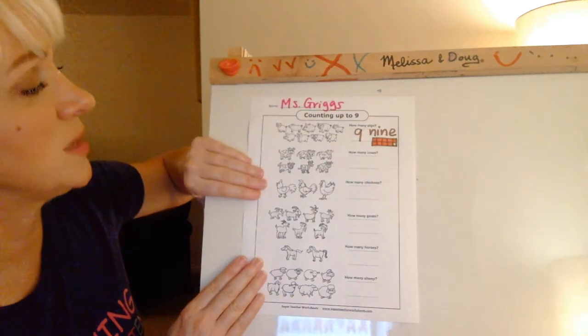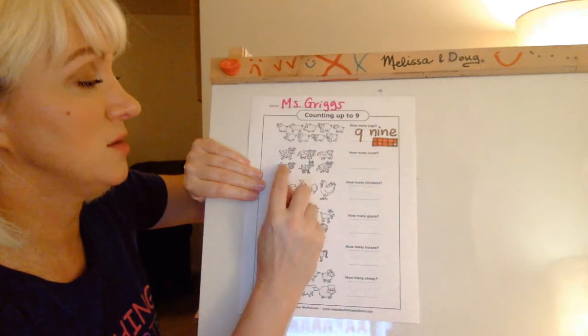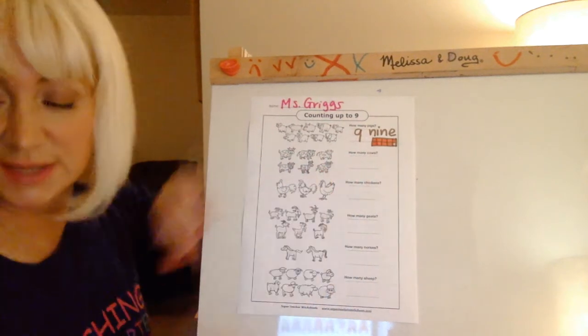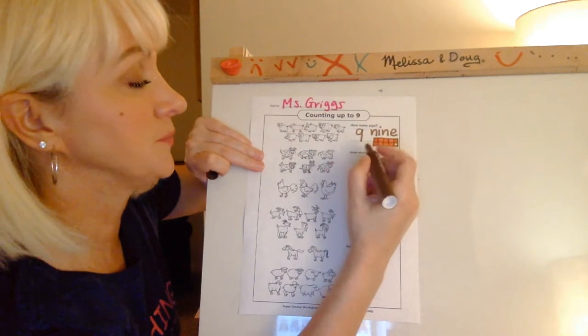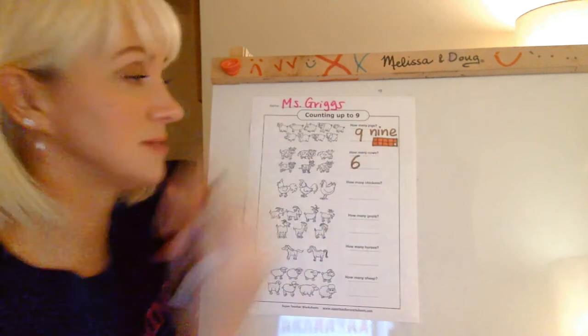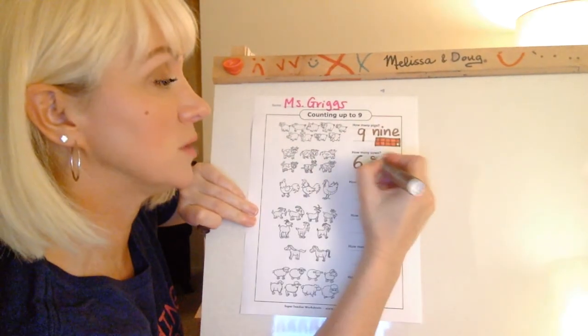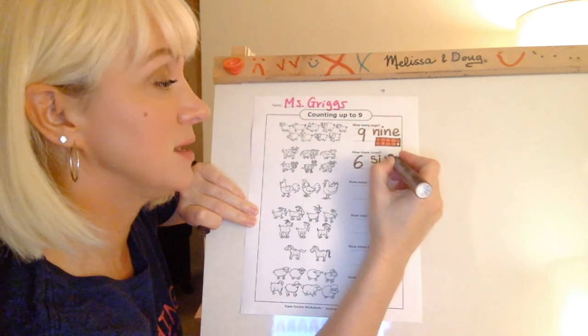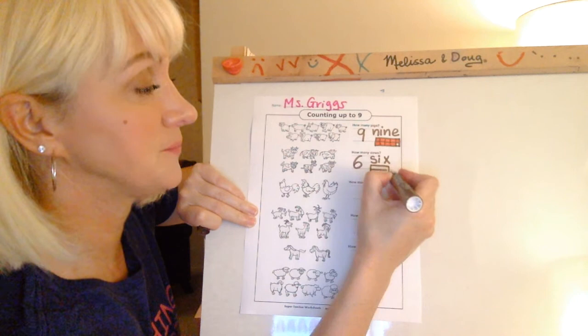Down here we have some cows. All right. 1, 2, 3, 4, 5, 6. 6 cows. So I'm going to make my numeral. Start up high and roll down low. That's how you make a 6, you know. And I'm going to write the word S-I-X. And I'm going to make my little 10 frame here.